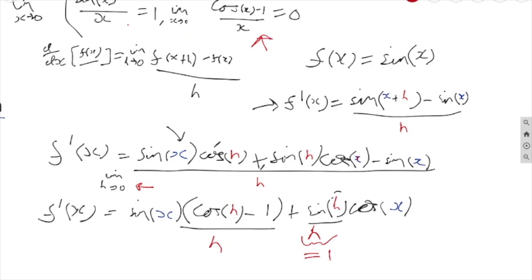The whole term, cos x minus 1, all divided by x, goes to 0. And therefore, this term down here equals 0. Since this term equals 0 and it's multiplying this sine x, the whole thing goes to 0.